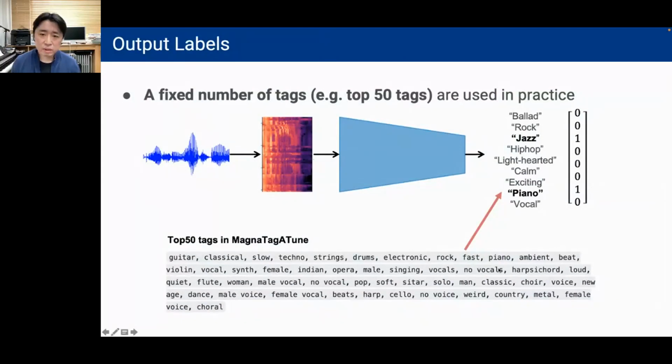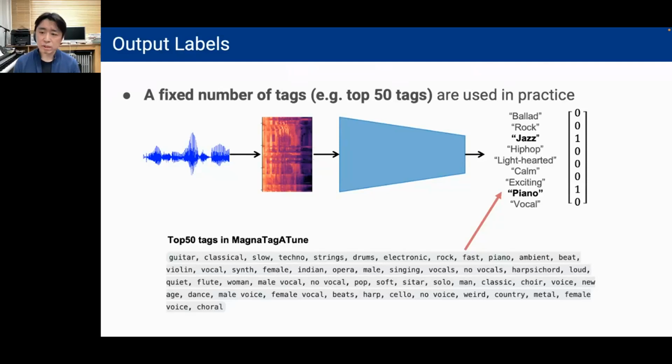All the experiments and improvements are great, but one of the issues is that they used a fixed number of tags in the output in the experiments. In particular, it's common to use the top 50 tags, which are most frequently used in the dataset, because the tags are very noisy as they were mainly obtained from users.